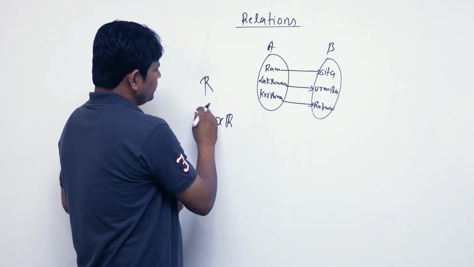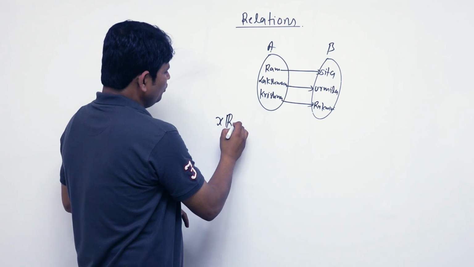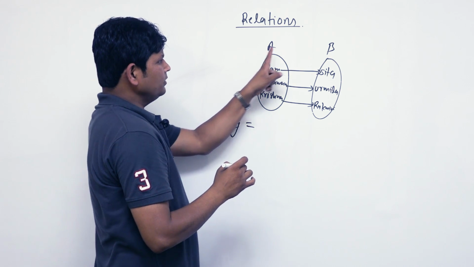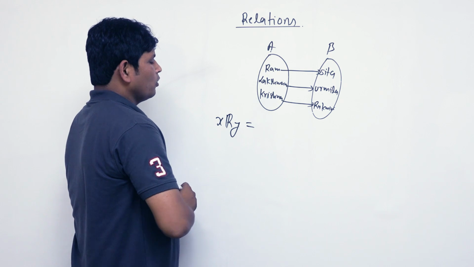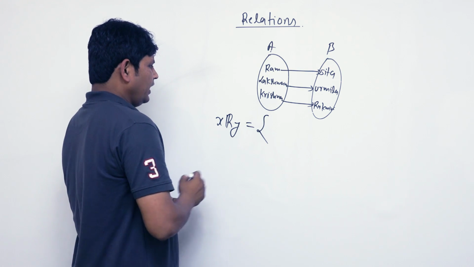So it is better to write this way also. So here X is related to Y, where X belongs to A, Y belongs to B. So you can write like that.